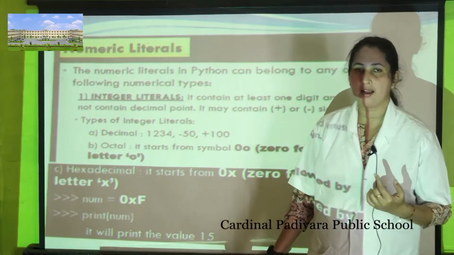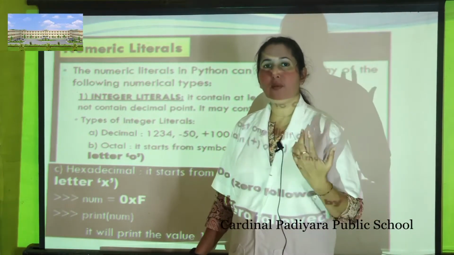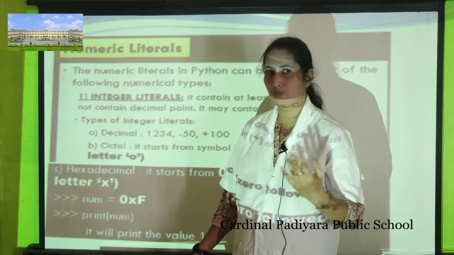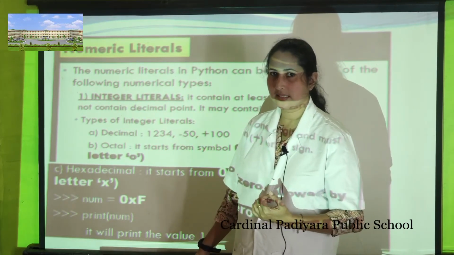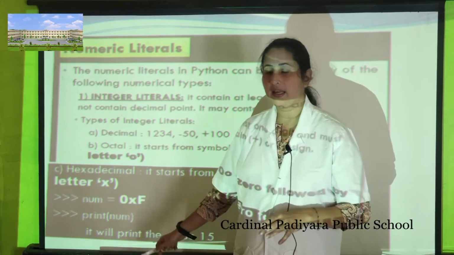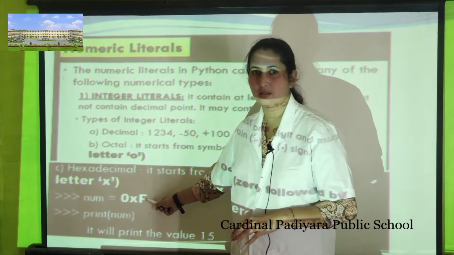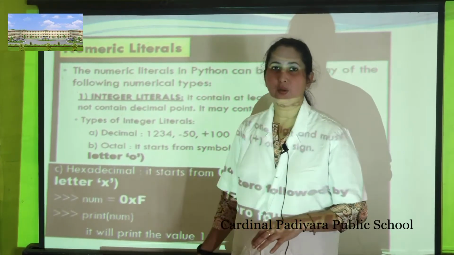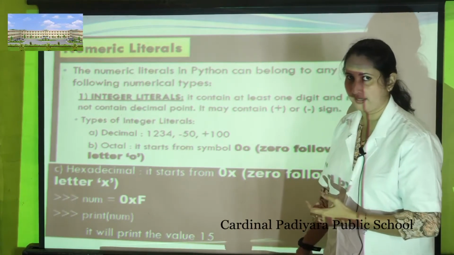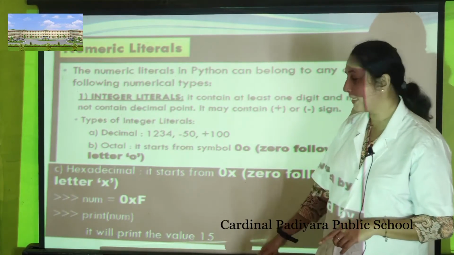After 9 we give the 10th value as a, then 11 as b, up to f. A, B, C, D, E, F. F's value is 15. So its range is from 0 to 15, and the 15 value is termed as F.